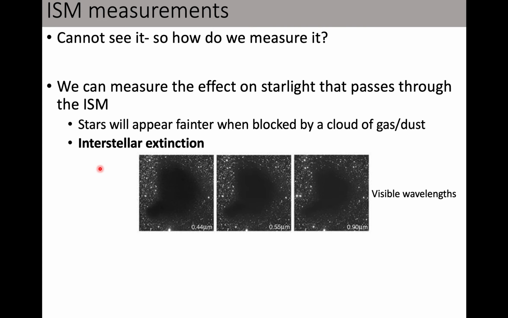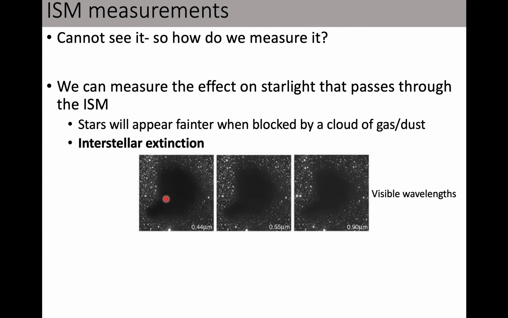Stars will appear fainter or completely blocked if there's a cloud of gas and dust, being the ISM, in between us, the observer, and that star. For example, here we have visual wavelength observations, and we see that there is this blob of darkness.